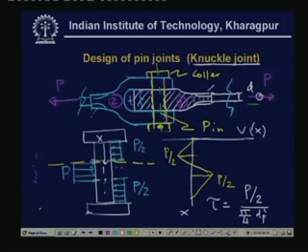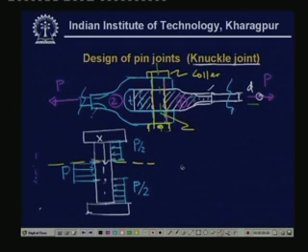But for a circular cross section, we have something different. We have to use the formula tau equal to V times Q divided by I T, where I is the second moment of area of the cross section, Q is the first moment of the area about the neutral axis, V is the total shear force, and T is the thickness of that particular section.